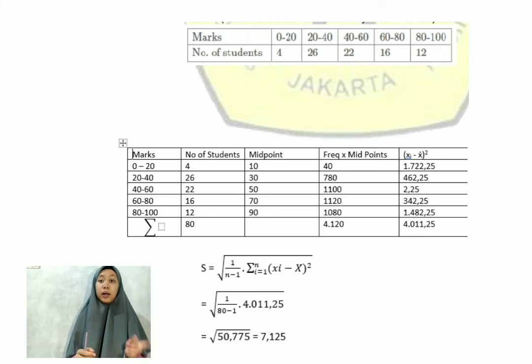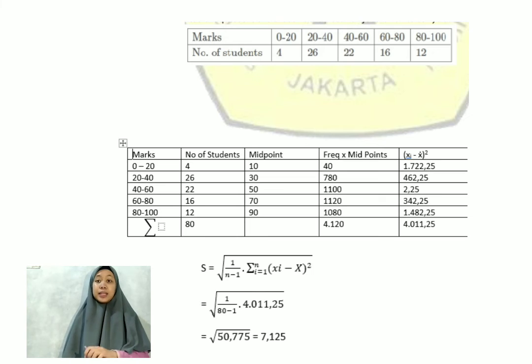In class 1 it equals 1722.2025, and class number 2 is 462.25. Class number 3 is 2.25.